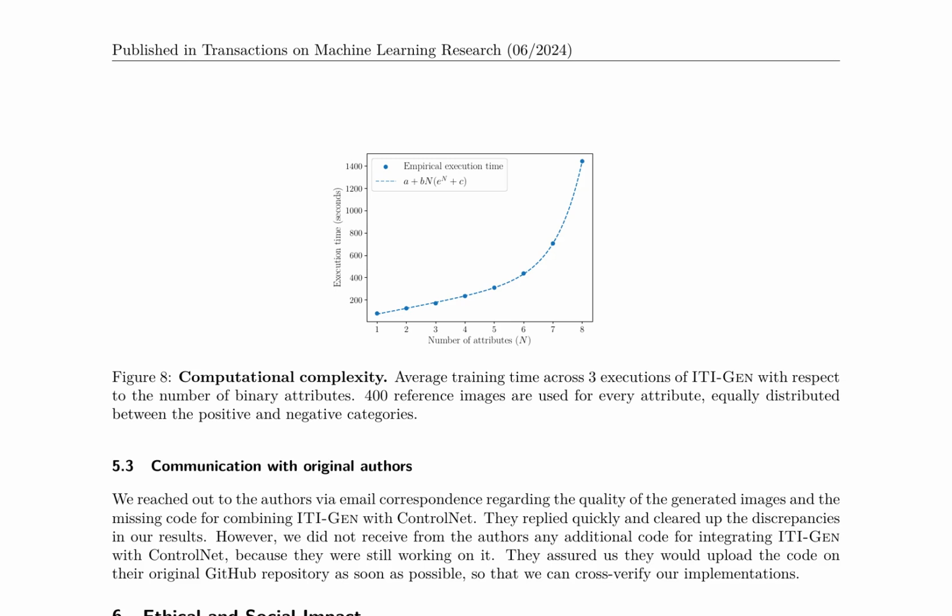An ablation study on the diversity of reference datasets for the eyeglasses attribute demonstrates that the choice of reference images is crucial, as the model might not learn what is expected but rather the most salient difference between the datasets.